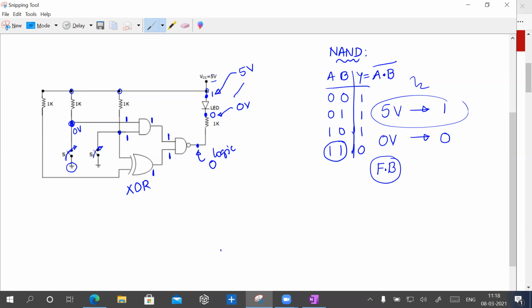Now you tell me one point. If this guy is 1, this one is also 1 here, right? Yes or not? Now you tell me, this 5 volt is connected through this 1K and it is not given to ground now.